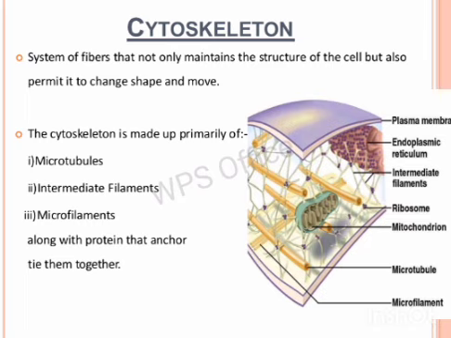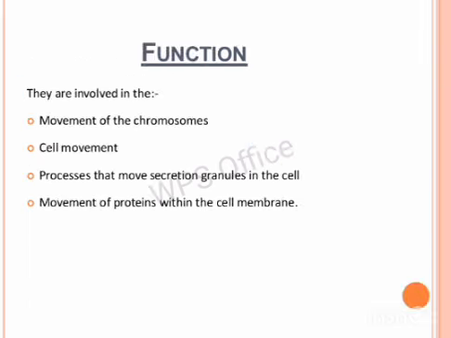There are many more structures in the cytoskeleton. Functions: they are involved in movement of the chromosomes, cell movement, processes that move secretion granules in the cell, movement of proteins within the cell membrane, and many more functions.